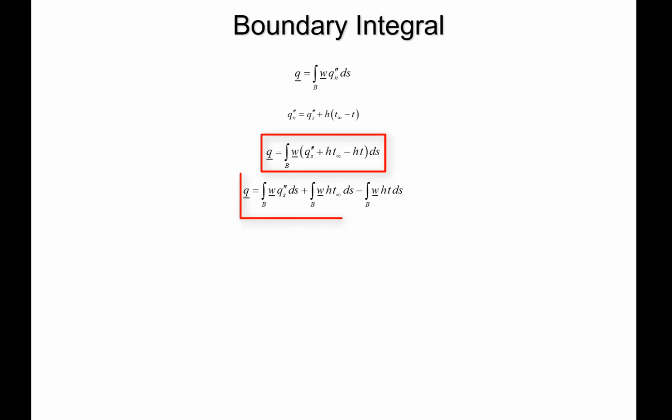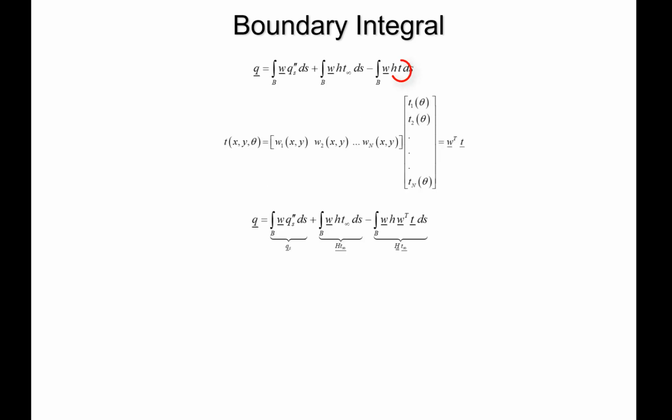We'll plug that into our boundary integral, and that turns it into this equation here, which we can break into its three separate integrals. We have the integral of the specified heat flux, the integral of H times T infinity, and the integral of H times T. Let's remember what this T is, temperature.